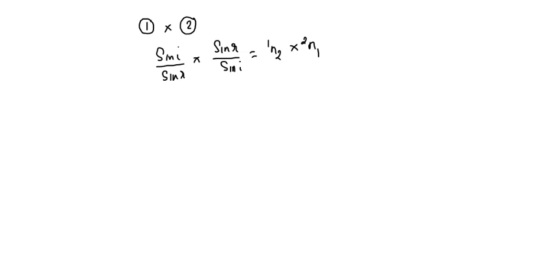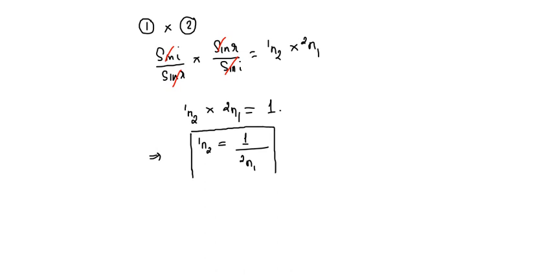You can see here I and I get cancelled, R and R get cancelled. The right hand side can be written as 1n2 into 2n1 equals 1, or 1n2 equals 1 by 2n1.